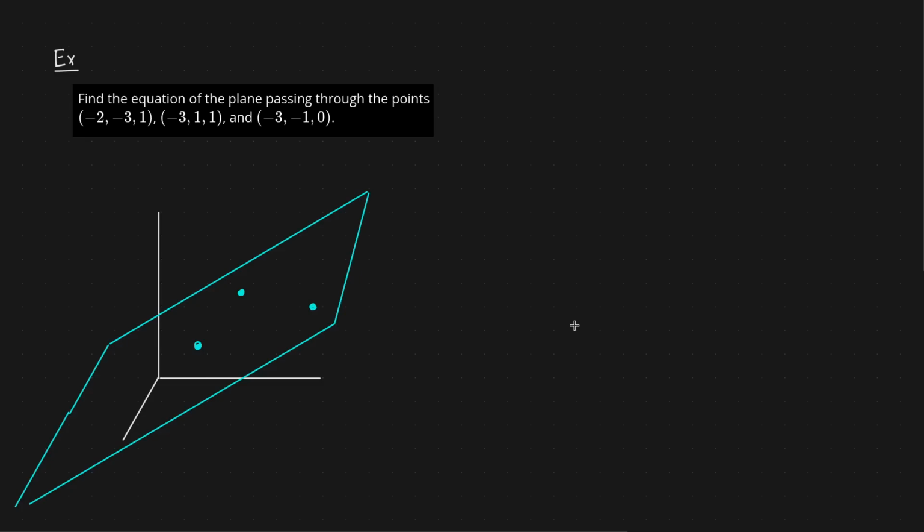Okay? Now there is an exception. If the 3 points are collinear, so that they all lie on the same line, then they do not uniquely determine a plane. Because there are many planes that could go through these 3 points.